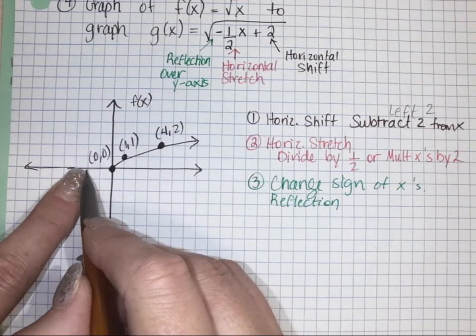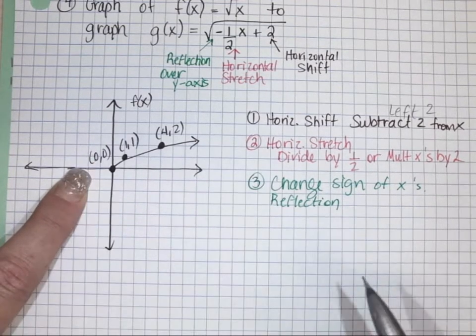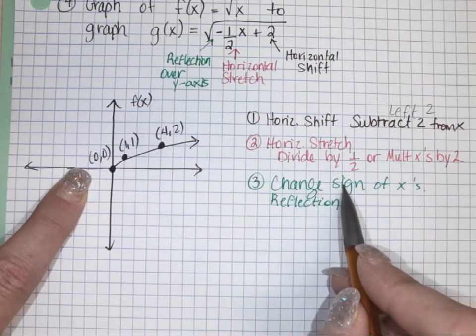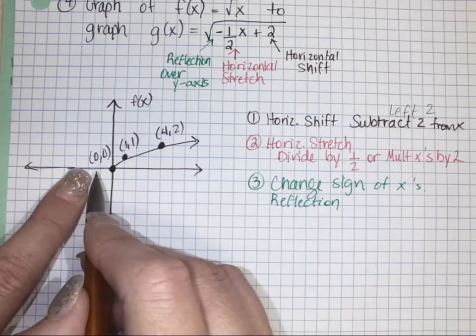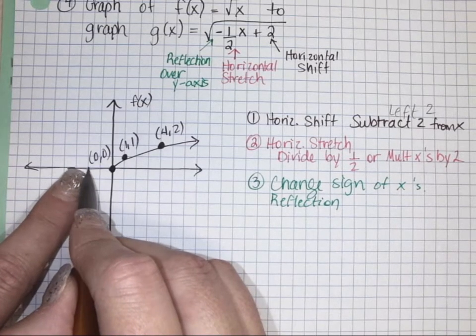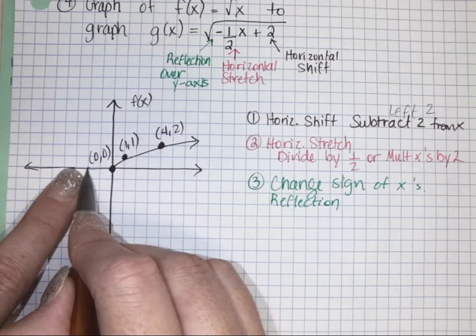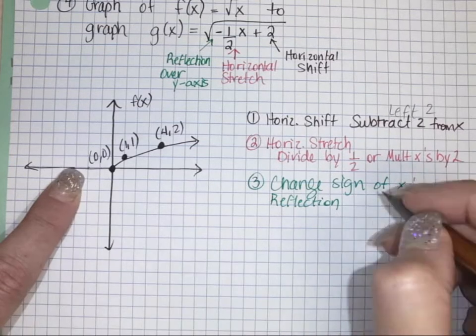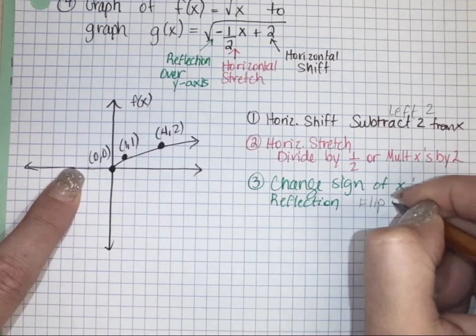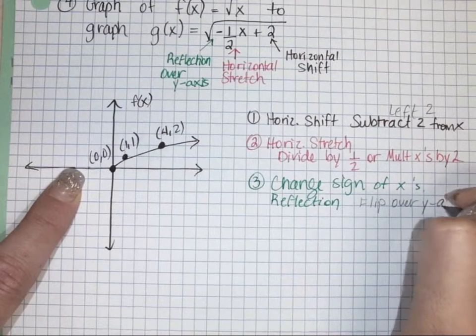But if I divide 0 by 2, of course I still get 0. So the last thing, we change the sign of my x coordinate. Well, if I change the sign of this new x, which is -2, it becomes +2. So I flip it over, so you can say flip over y-axis.